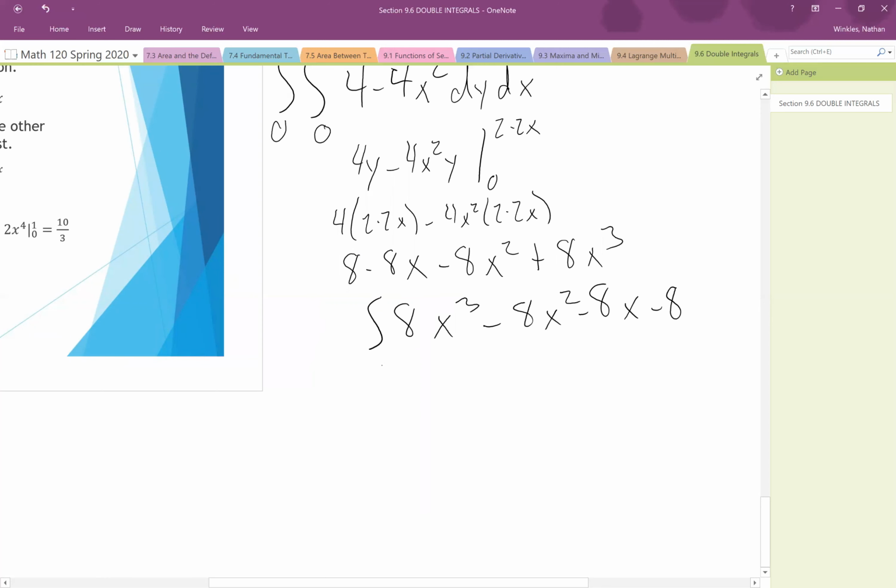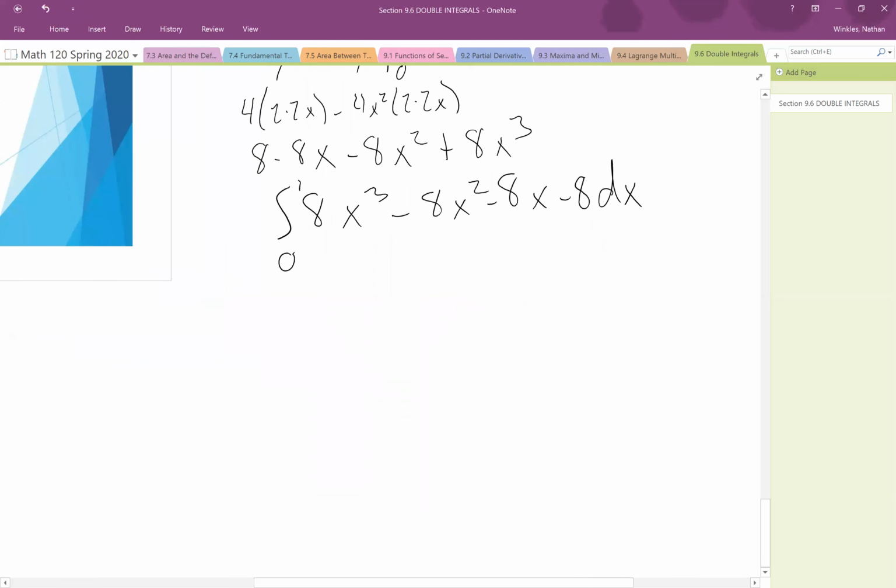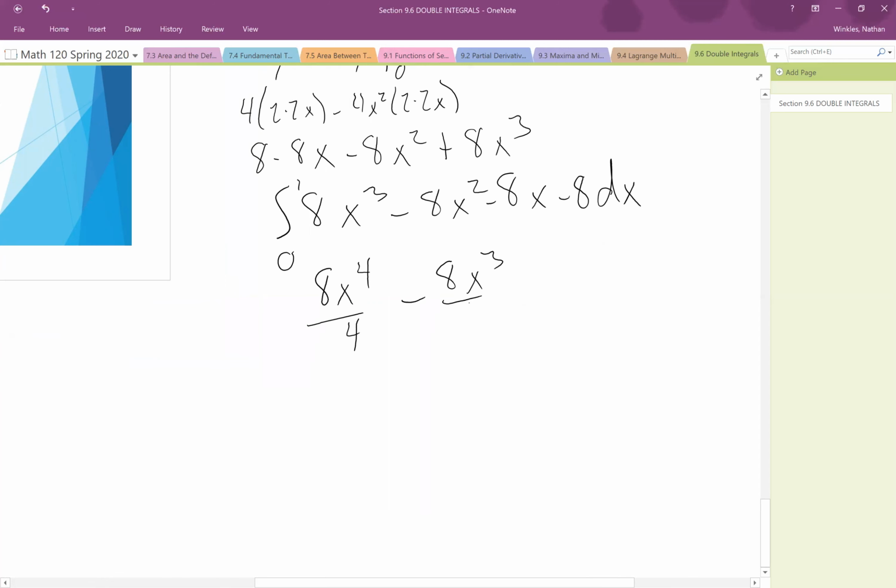We're then going to integrate this from 0 to 1 dx. So integrating that, we're going to get 8x to the 4th over 4 minus 8x cubed over 3 minus 8x squared over 2 minus 8x, all evaluated between 0 and 1.